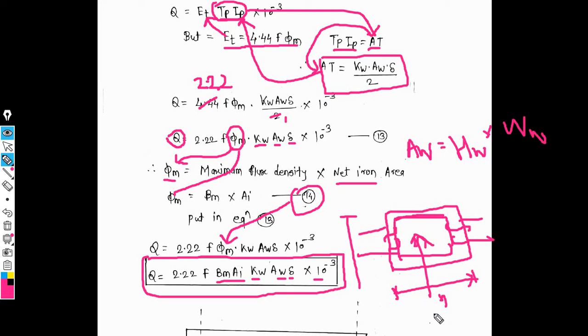This is the width of window and this is the height of the window, and this is the area of window of the single phase core type transformer. And also the single phase shell type transformer.